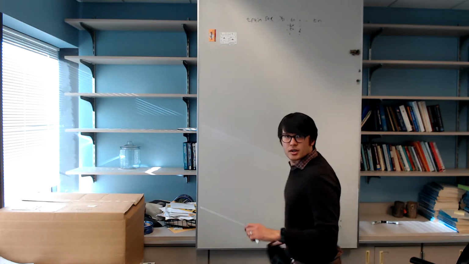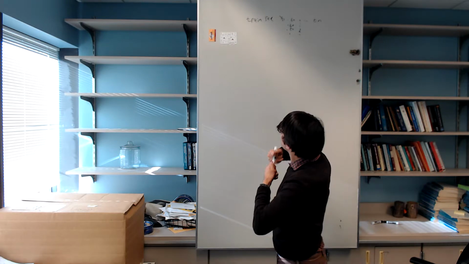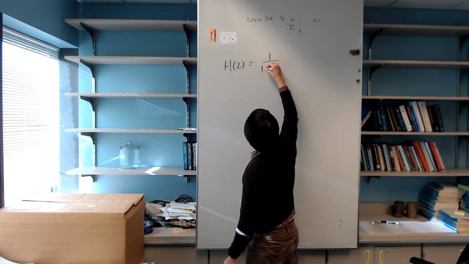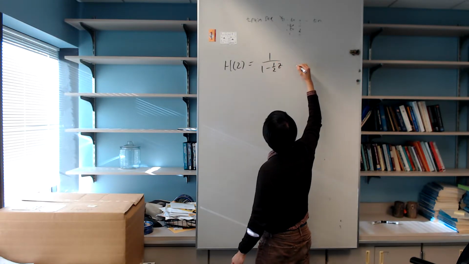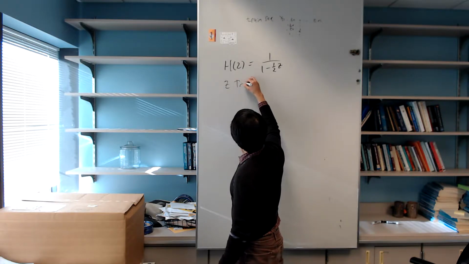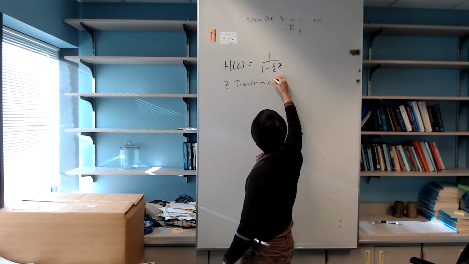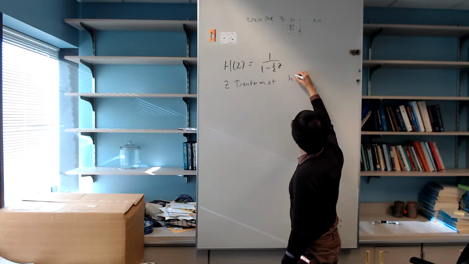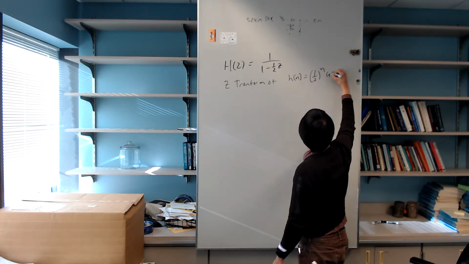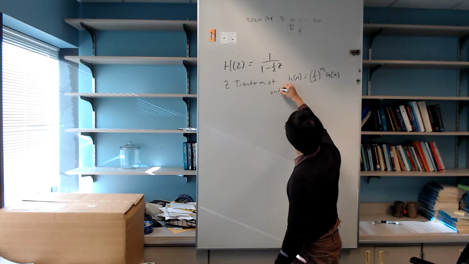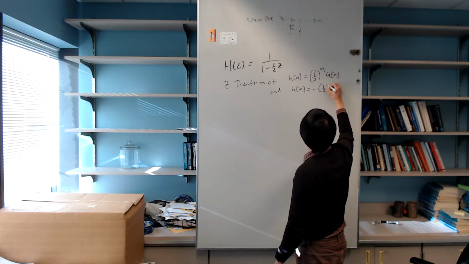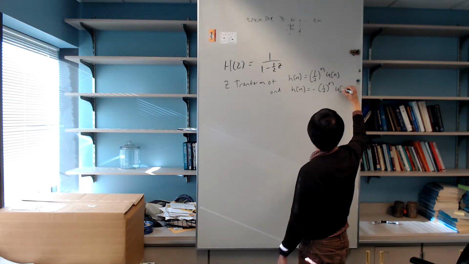I'm going to just keep those things that we had up here. H of z is equal to 1 minus 1/2 z, the z-transform of h of n is equal to 1/2 to the n u of n, and h of n is equal to negative 1/2 to the n u of negative n minus 1.